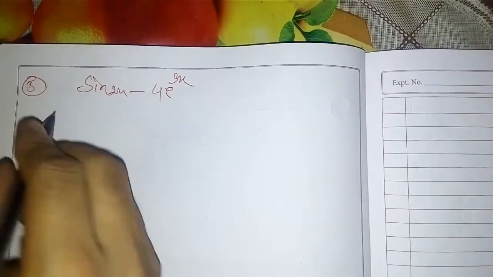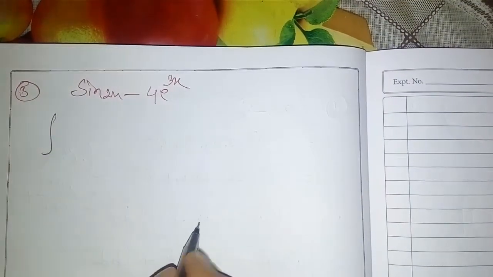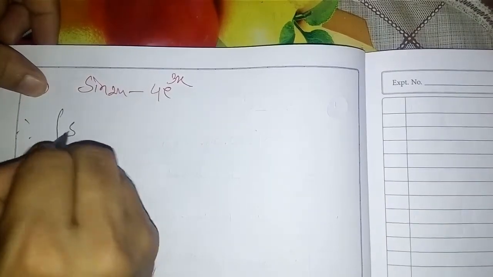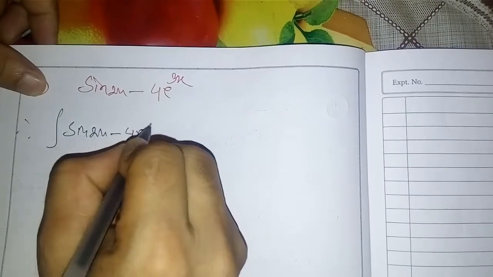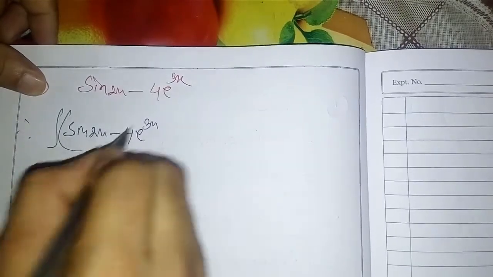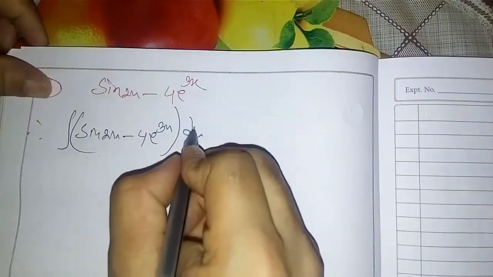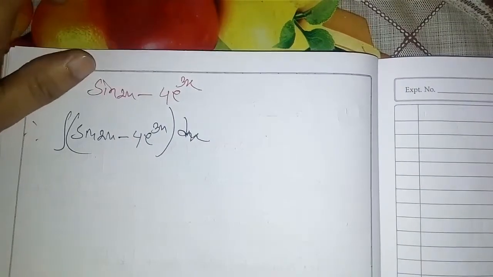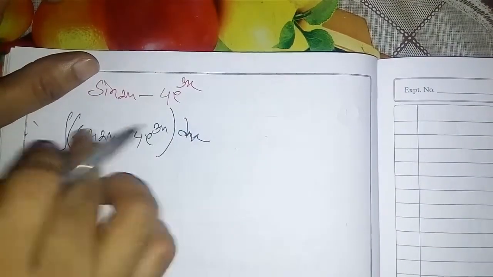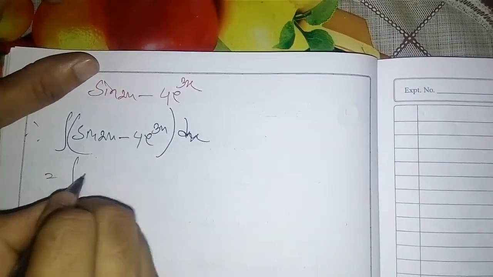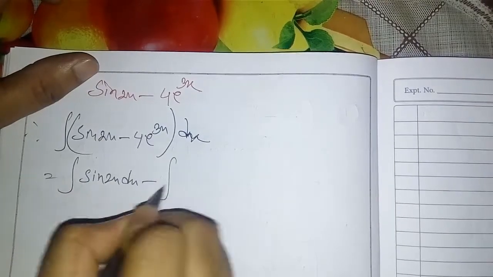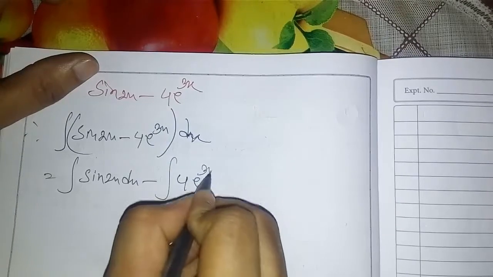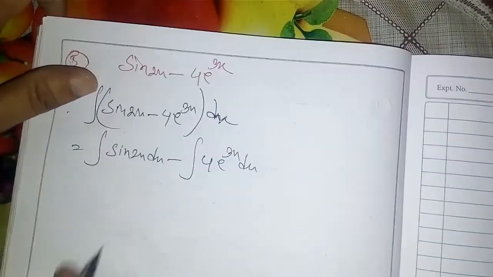First the integration symbol, therefore integration of sine 2x minus 4 e to the power 3x dx. Now you can separate it: integration of sine 2x dx minus integration of 4 e to the power 3x dx.